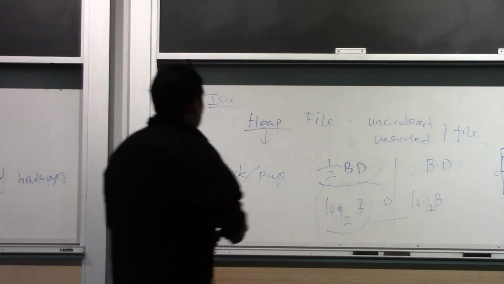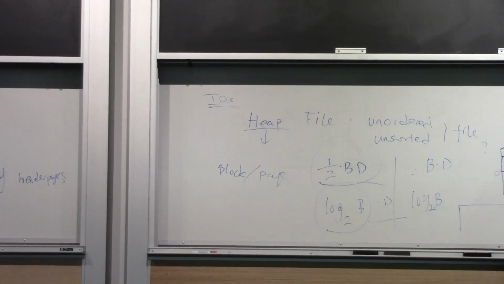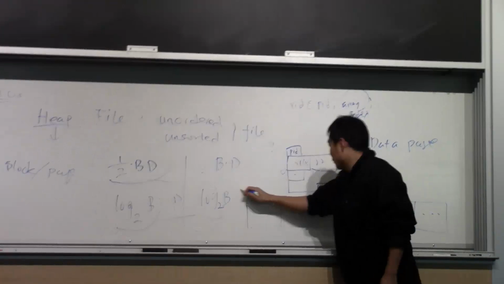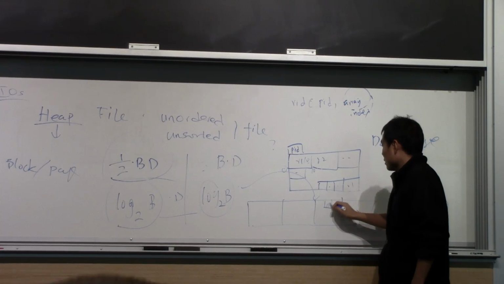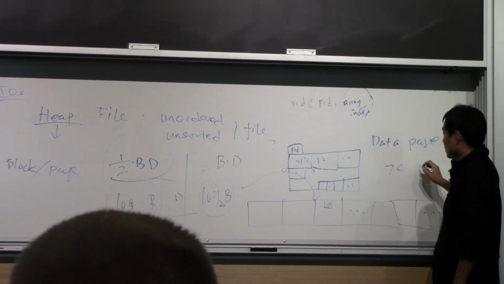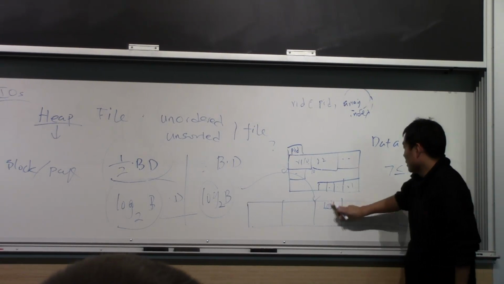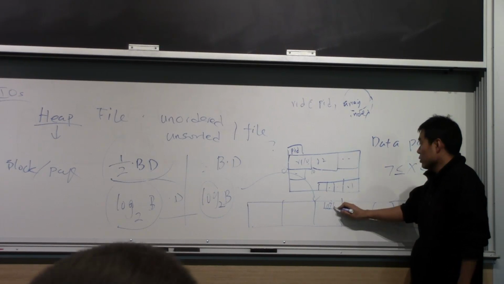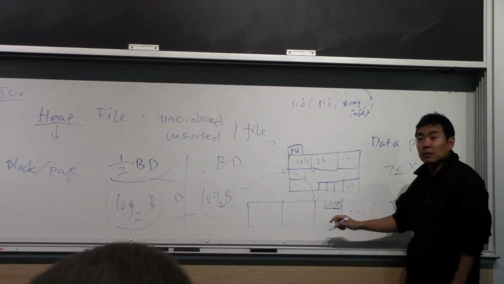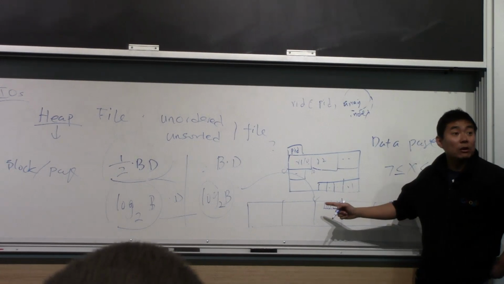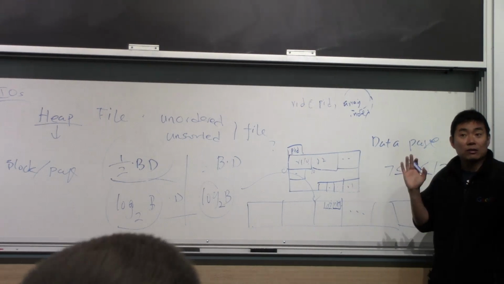So the big picture is, this is your file, and each of these is a page. You do this log B thing to find the first record in the range. Let's say you are searching for a range like this. So this is the first record with the value 7. You may have another record with the value 7, if, suppose, this is not a key. If this is a key, then you can only have one record with value 7. But in general, suppose that's not a key.